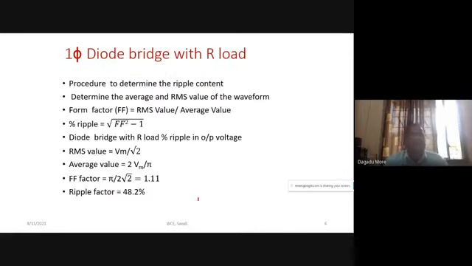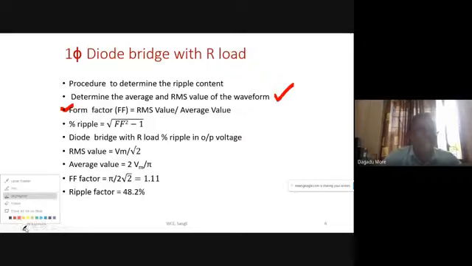Here we have already listed the procedure to find out the ripple in the output voltage. First, you determine the average and RMS values of the waveform. Once you know the average value and RMS value of the output voltage waveform, you find a factor that we call the form factor.